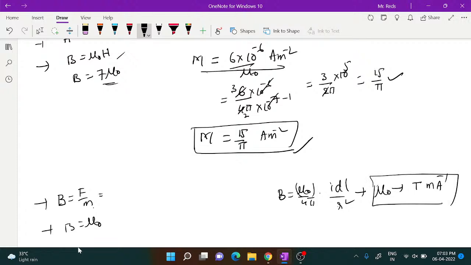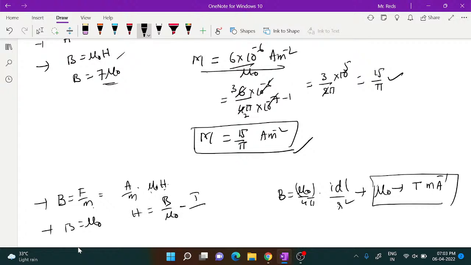So if you take this total value as ampere per meter, you have to think that if it is mu naught H, then B is Tesla. That means H is equal to B by mu naught.